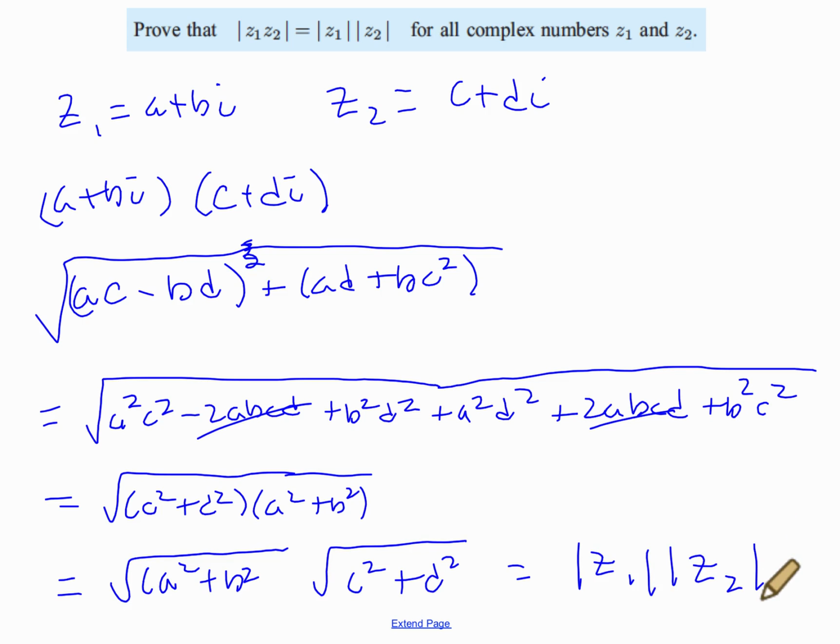So algebraic proofs, you've got to crunch some algebra out, but it's not all that terrible.